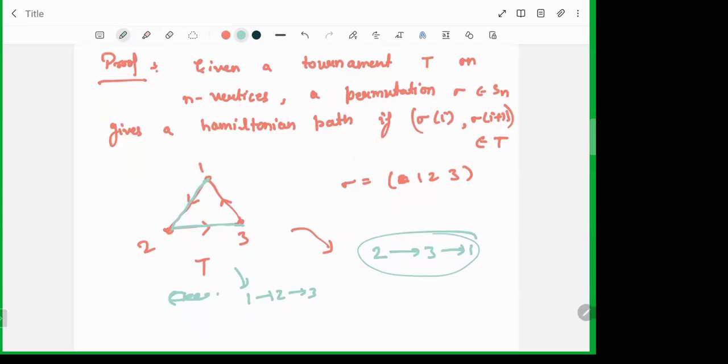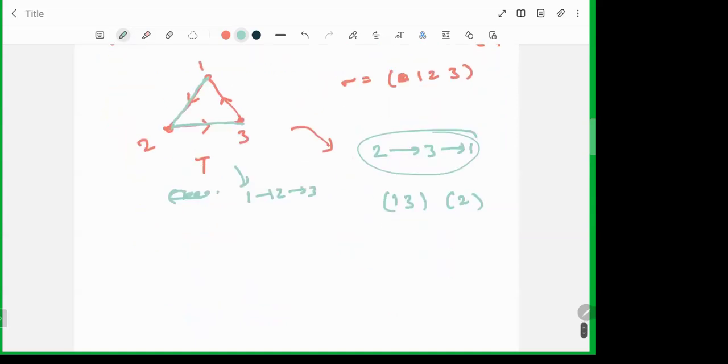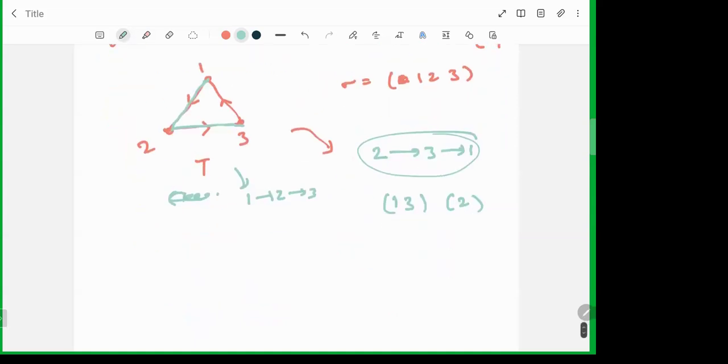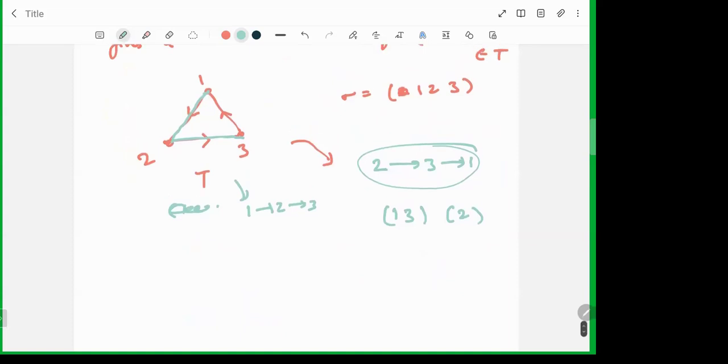But suppose I take this permutation, 1 goes to 3 and 2 is stable. Then where does this Hamiltonian path go? 1 will go to 3, 2 will go to 2, and 3 will go to 1.